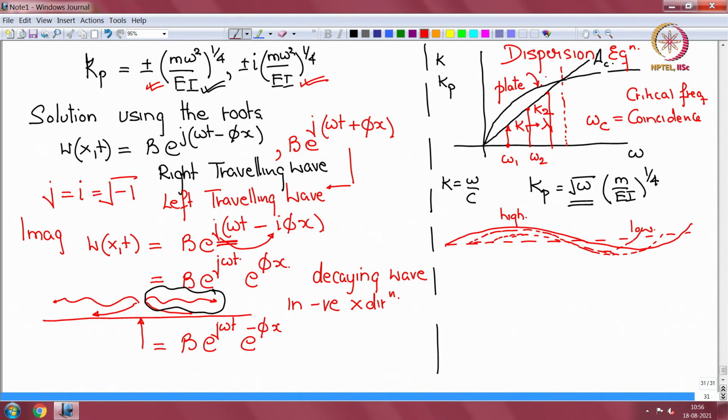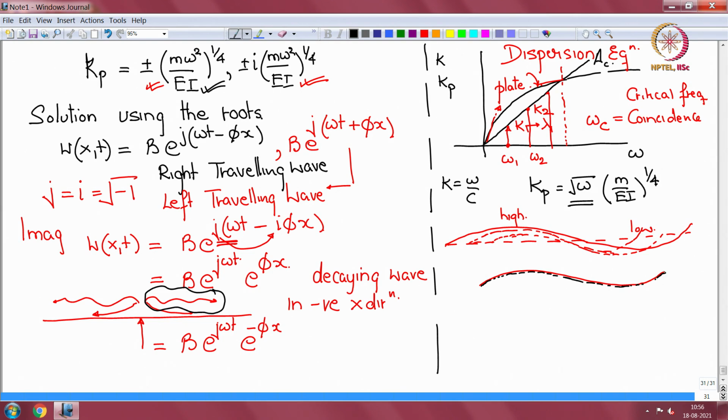Similarly with the plate wave number, okay. But what happens is, whereas the slope is high for the plate wave number with respect to omega initially, it slows down, so that at some point your acoustic wavelength and the structural plate wavelength are equal, okay.